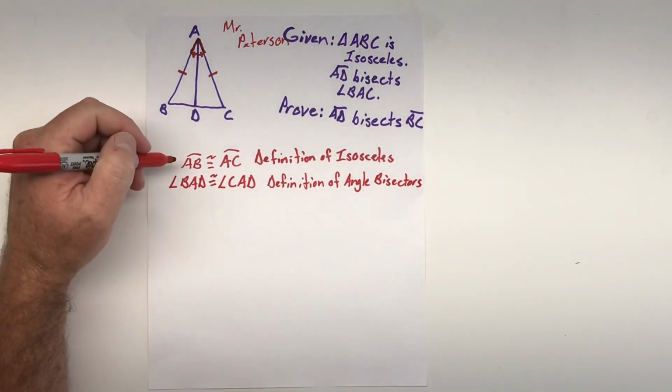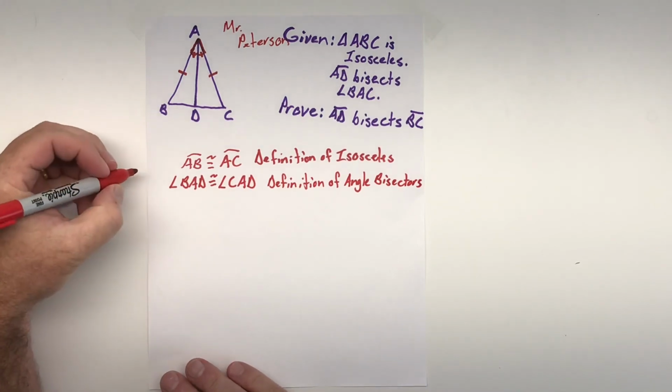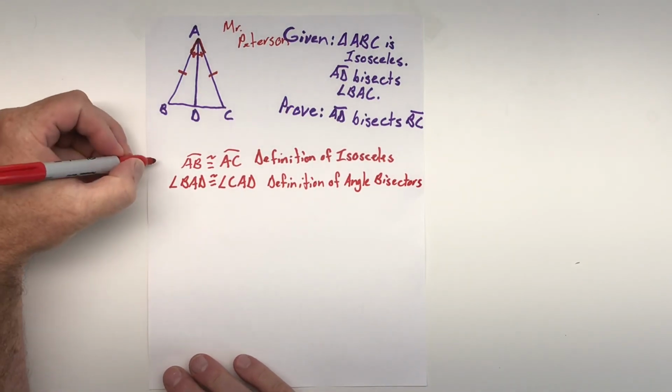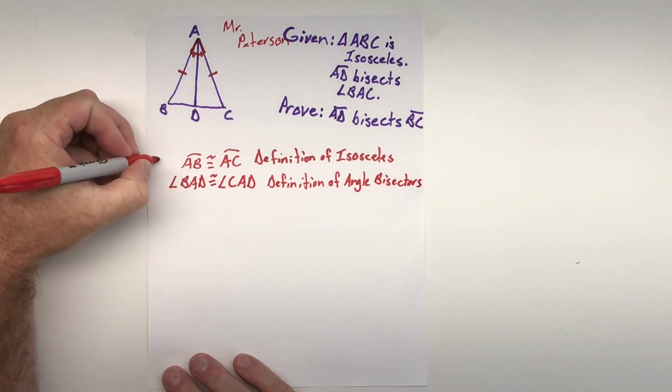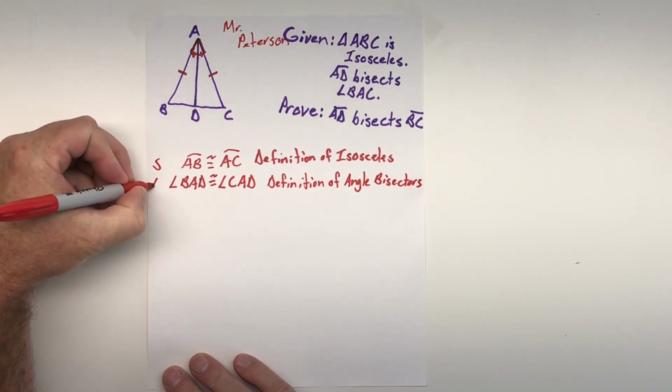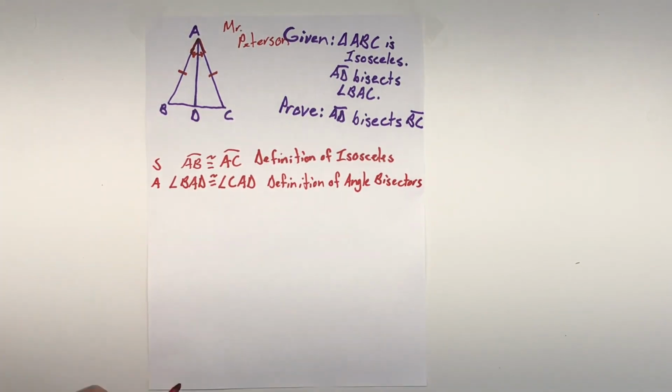So I have two things. If I were to write it off onto the side here, I actually have a pair of sides that are the same, a pair of angles that are the same, and I need one more thing to say that these two triangles are congruent.